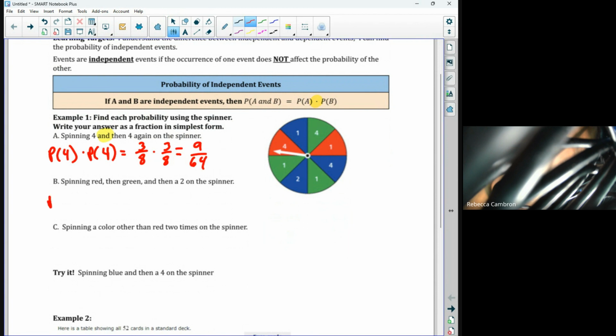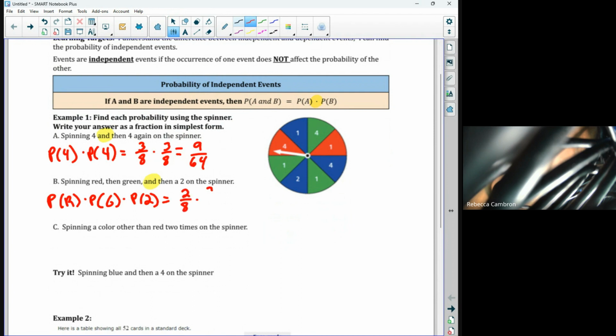This one says the probability of spinning a red, and then a green, and then a 2. So there's that magic word again. I know on your paper that you can't tell the difference between the red and the green and the blue, but obviously on the video you can. So there are 2 out of 8 red.